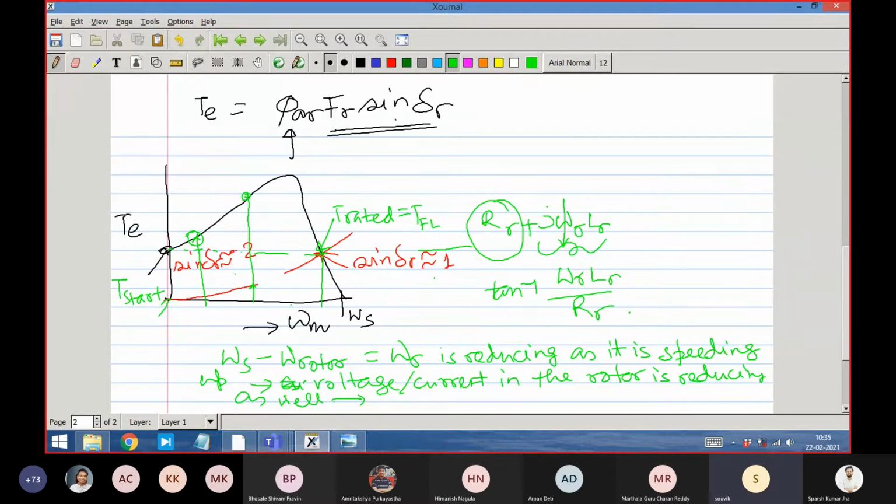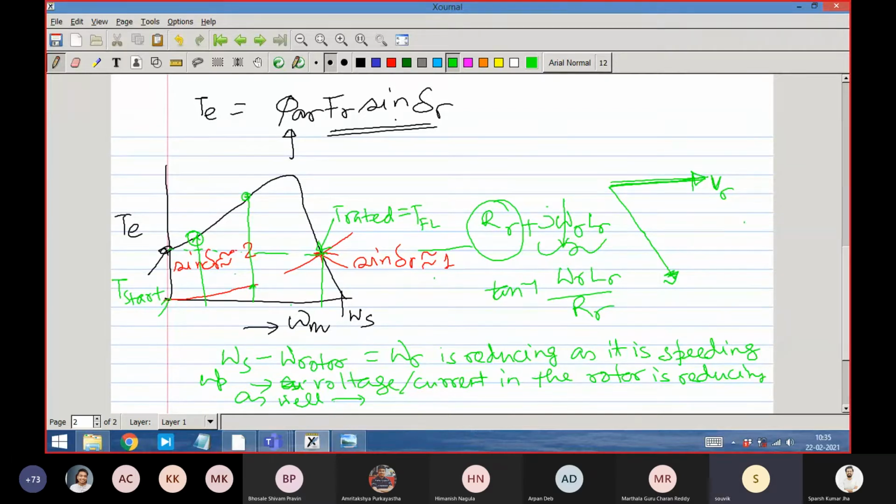Got it? Still, probably you are not getting. Means FR, that delta will come close to 90 degrees? You see, I'm showing it. Suppose this is the voltage induced in the rotor, magnitude wise. Initially the power factor was like this, because in the beginning omega R was large, and tan inverse omega LR, that angle, was large.